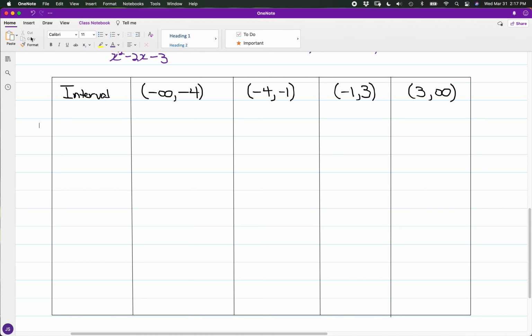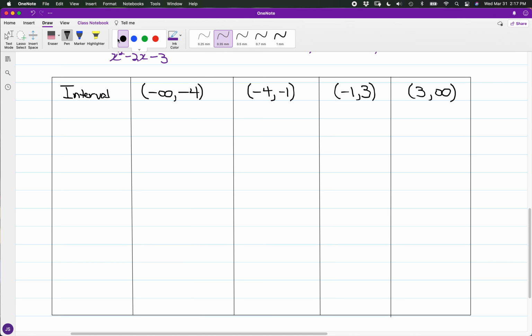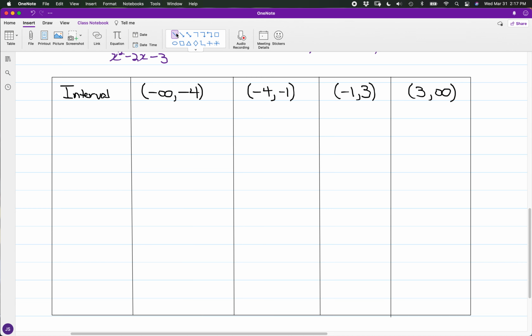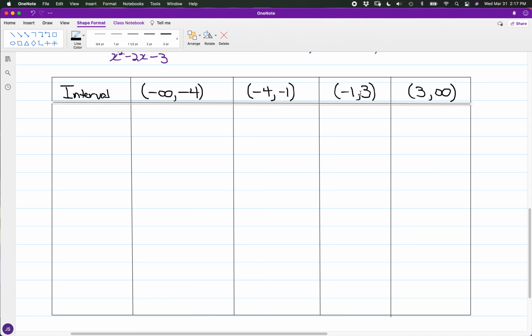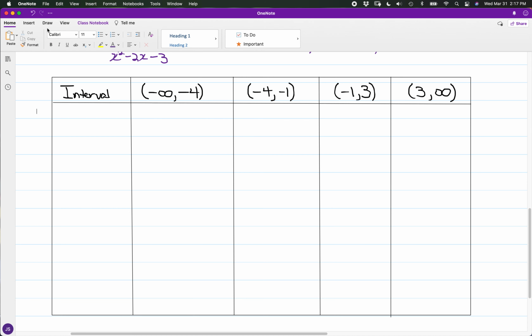So what we have going this time, row by row, after the establishment of the intervals, I'll look at testing out each one of them by taking a sample. So starting out by taking a test value in x.